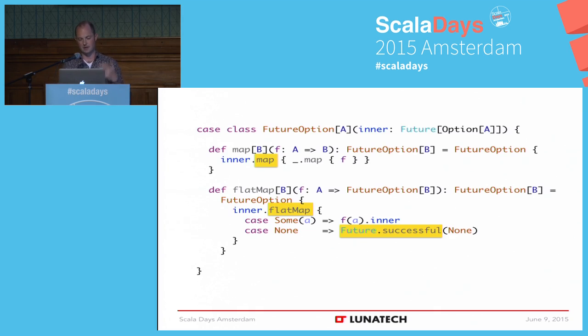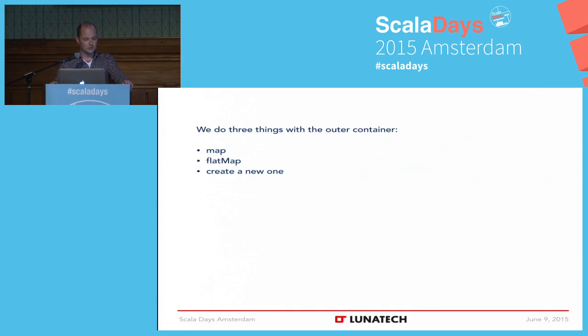We already saw that for option we use map and flat map, and now for this future we also only use map, flat map, and we need to create new futures. So we only do three things with this outer container: map, flat map, and create a new one. So that's something that we could abstract over.